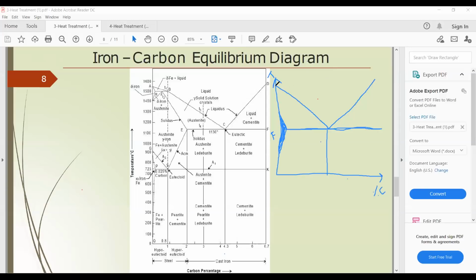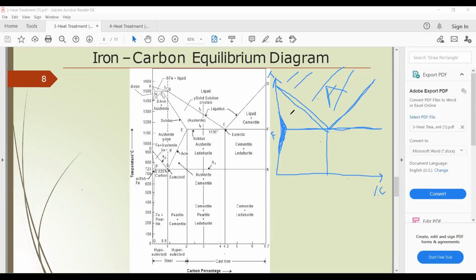So see here, this is a V-shaped curve, right? Above this V-shaped curve, a pure austenite structure is available in this phase, right? But as we just discussed, above this line there is austenite or austenite plus another constitution. In this phase, austenite is available.